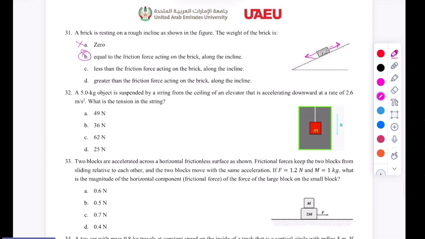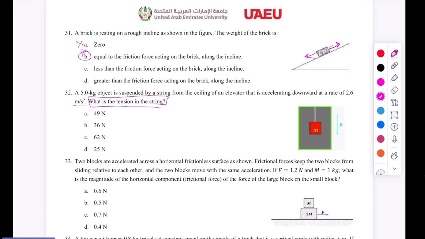Next question: a 5 kilogram object is suspended by a string from the ceiling of an elevator that is accelerated upwards at the rate of 2.6 meters per second squared. What is the tension in the string?